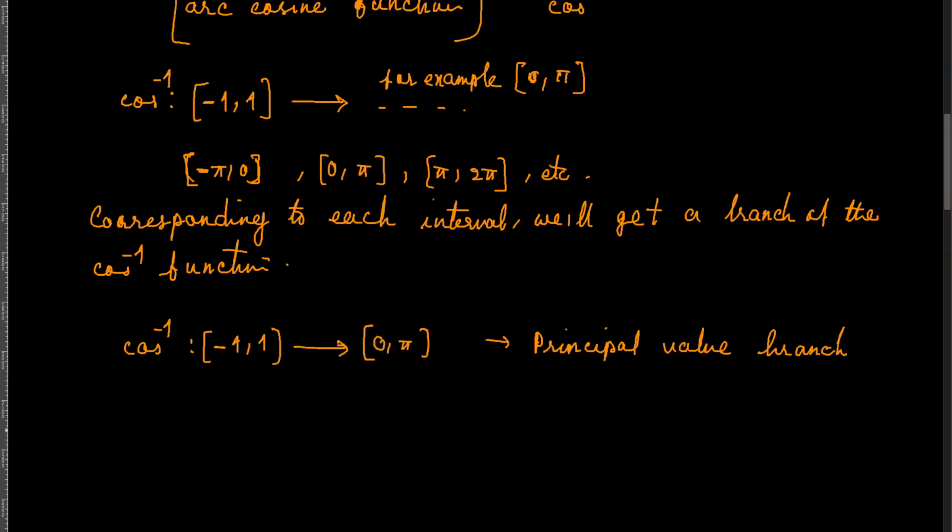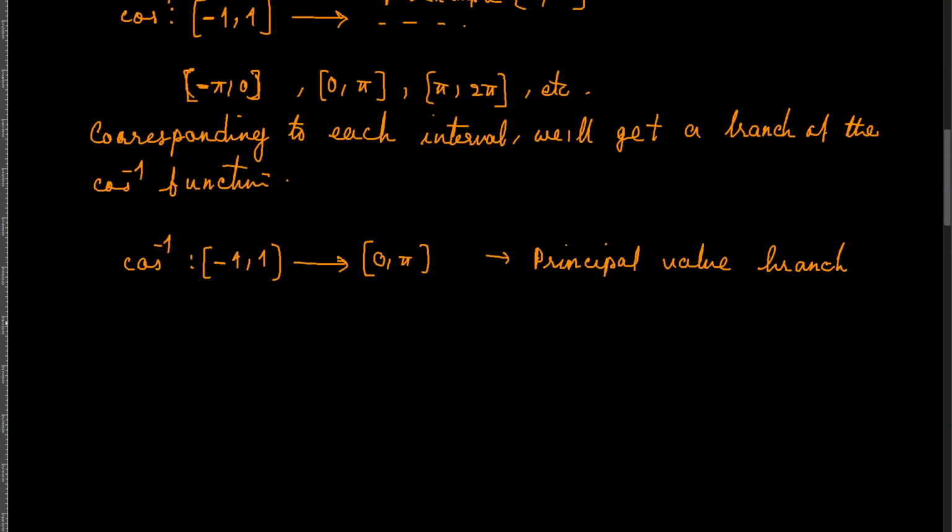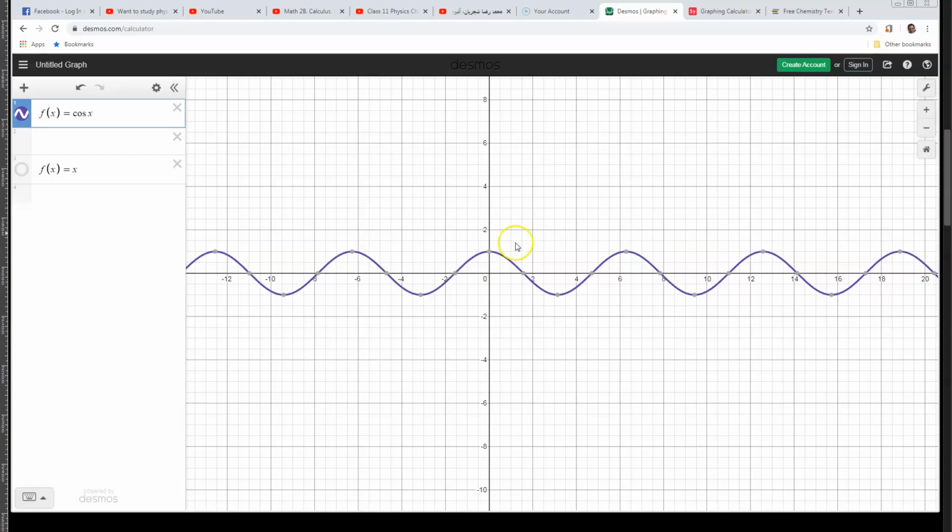The graph of the function given by y equals cos inverse of x can be drawn in the same way as discussed for the sine inverse function. Here you can see that f of x equals cos x is this function.